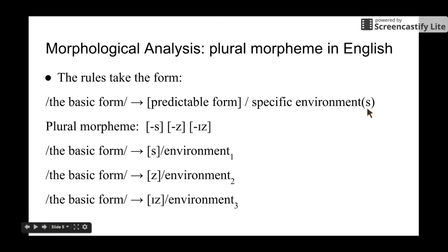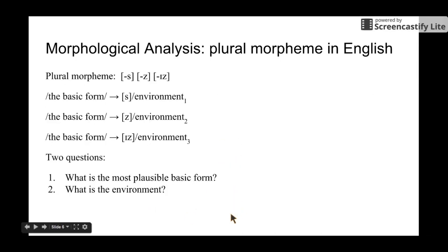For this morphological analysis, we are going to use a similar rule. So actually we have three forms to be derived, right? The basic form becomes s. The same basic form becomes z. The same one becomes iz in different environments.